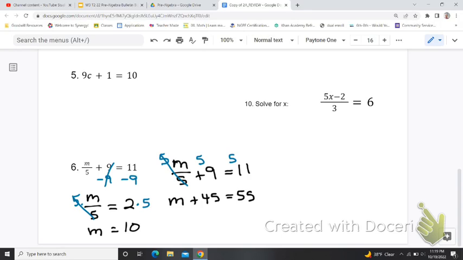And when I subtract 45, I also get 10. Sometimes if people do this multiplication first, they forget to multiply the 9 times the 5, or they don't know that they need to. But it would have to be distributed to everything. Okay, again, don't need to do it both ways, but no matter which way you do it, you should get 10.